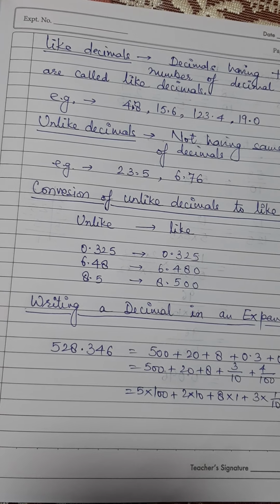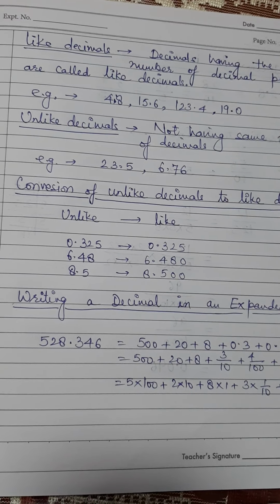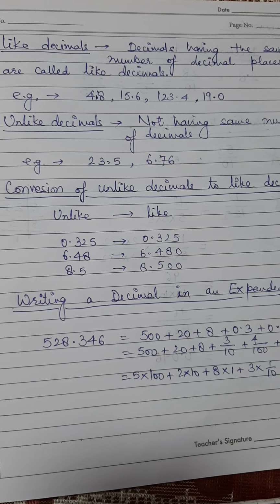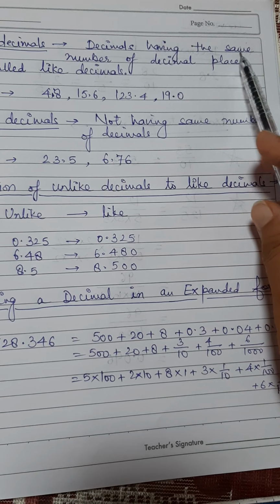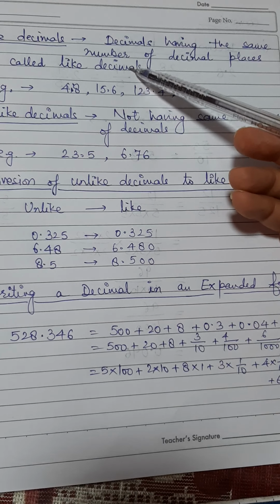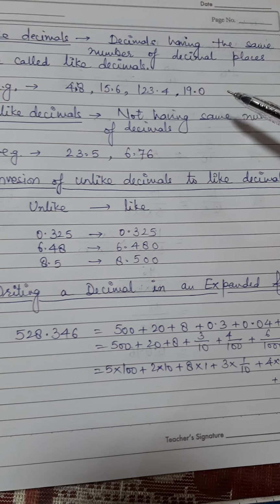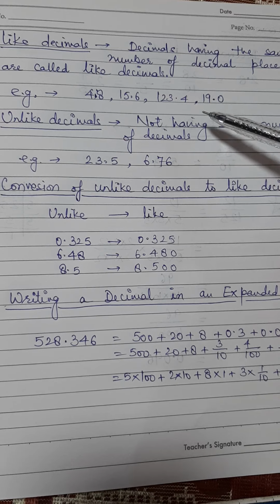Now see like decimals. What are like decimals? Here you can see the definition of like decimals. It is decimals having the same number of decimal places. If two numbers have the same decimal places, then the numbers are called like decimals.